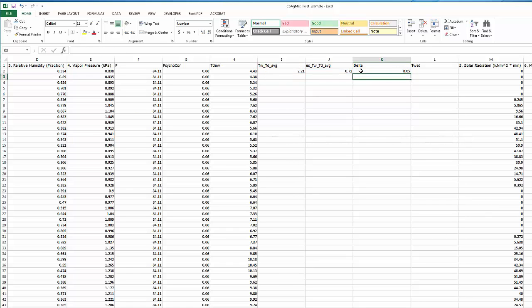Okay, and then finally we're ready to calculate the wet bulb temperature. And again, that's that formula that's a function of T wet, T air, a calculation of T dew, T air, delta, and the psychrometric constant.